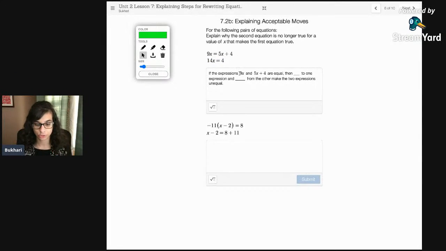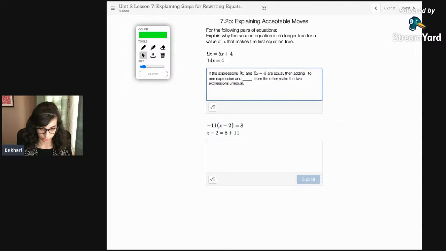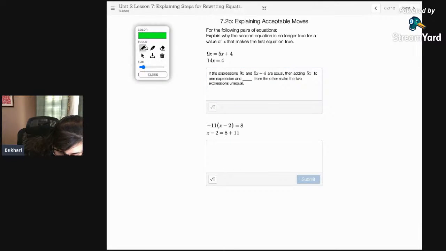And so if we assume these two expressions, 9x and 5x plus 4, are equal, then if I am adding 5x to one side, as you can see from 9 to 14, I'm adding 5x.